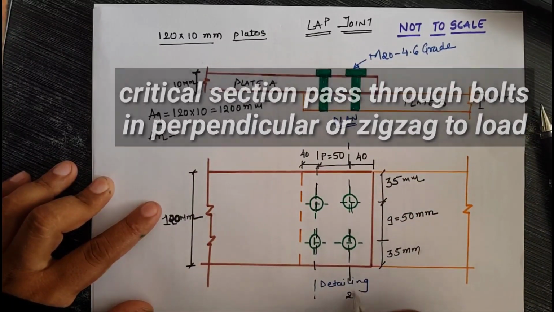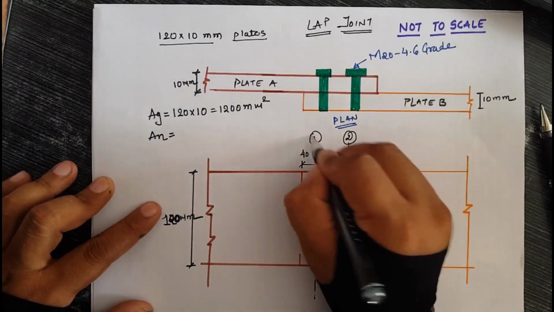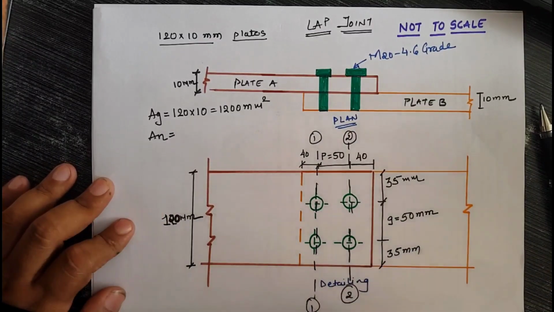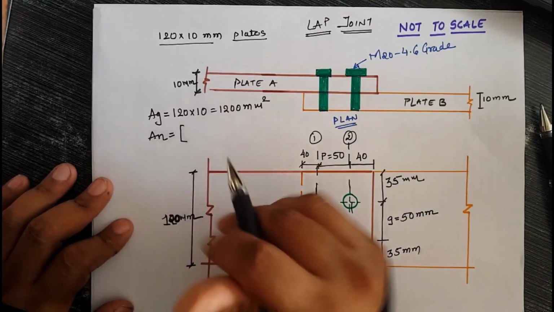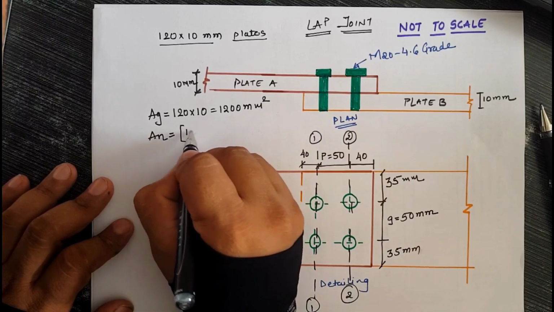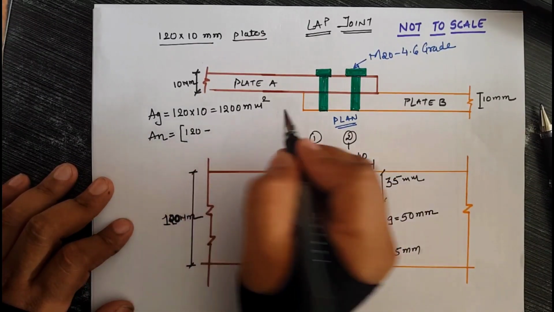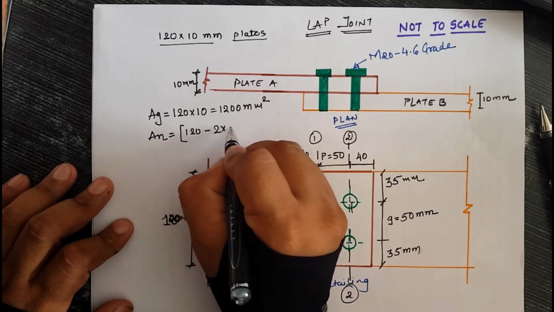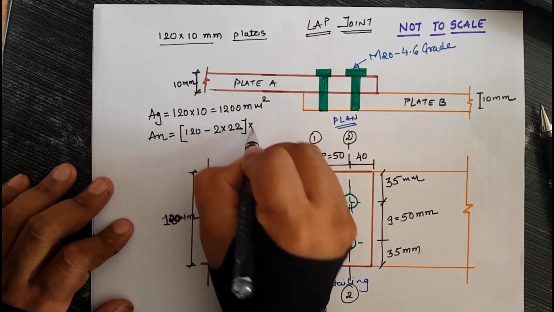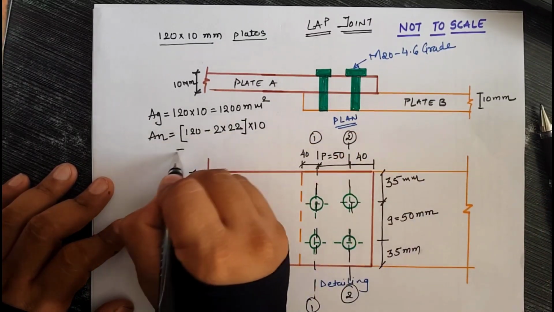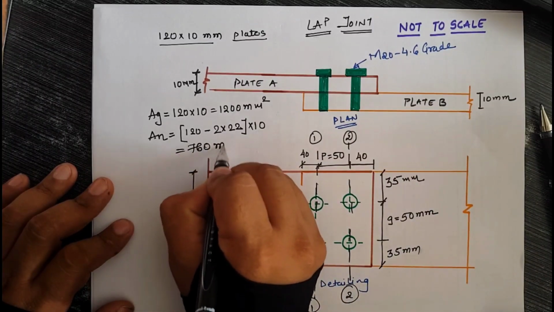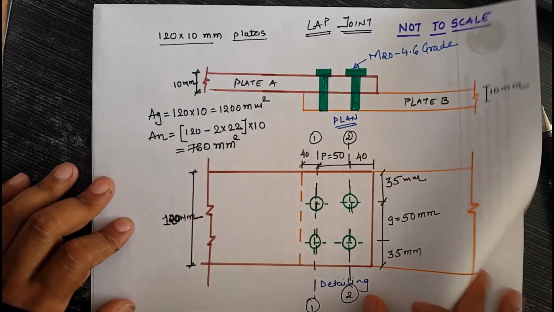If we see section 2 as a critical section or section 1 as a critical section, both are equal. So AN is nothing but the width 120 minus 2 times the diameter of hole, times the plate thickness. So 2 times diameter of hole is equal to 22, into plate thickness 10 mm, gives 760 mm square as a net area.